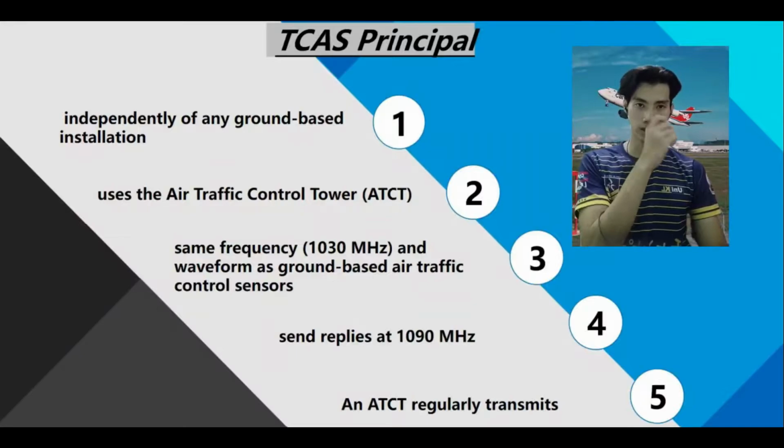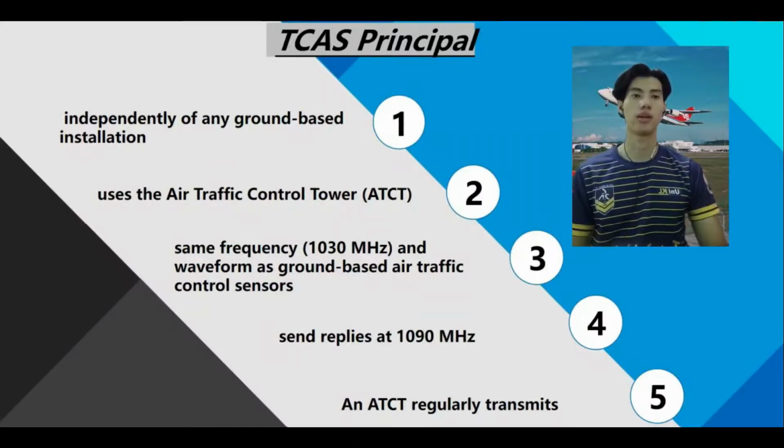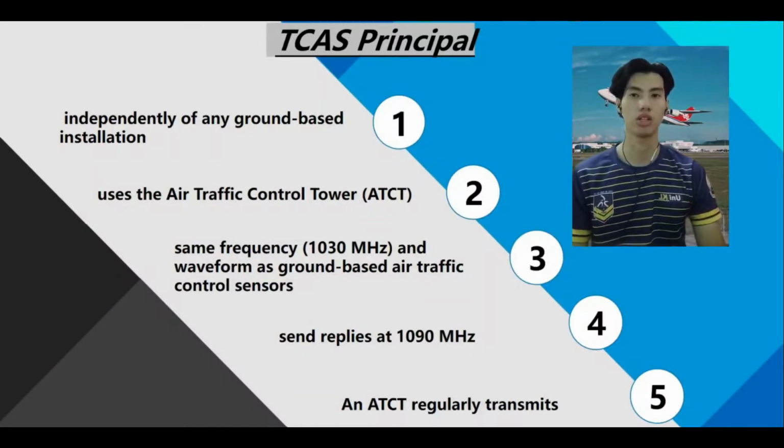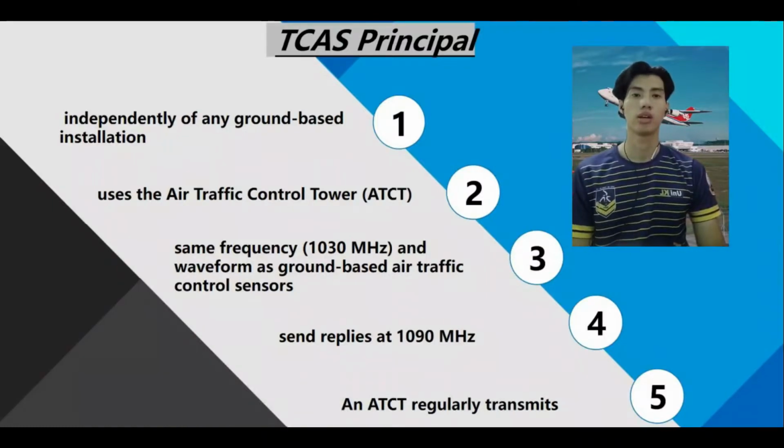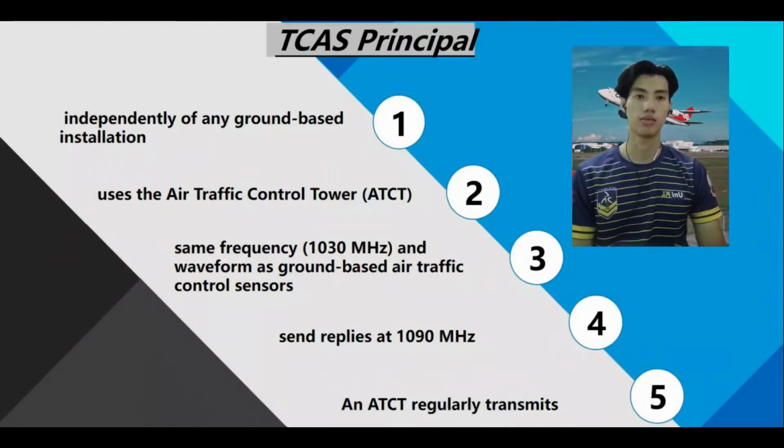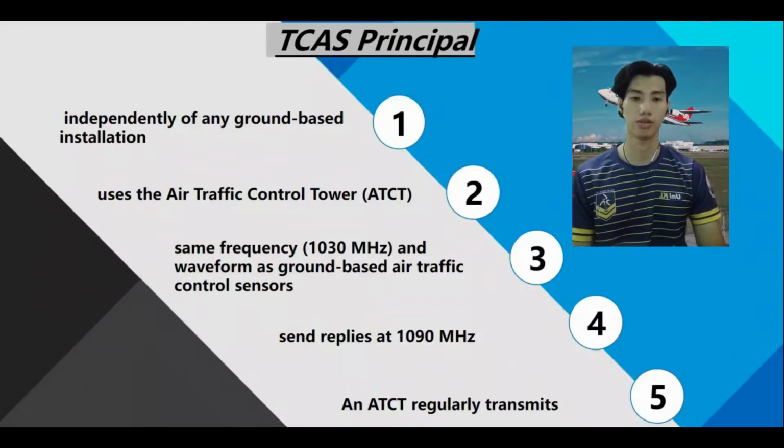Number 1, TCAS operates independently of any ground-based installation. The second one, the TCAS system uses the air traffic control transponder on nearby aircraft to detect the presence of those aircraft.